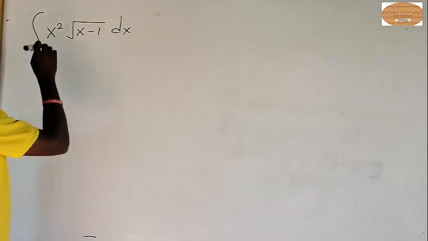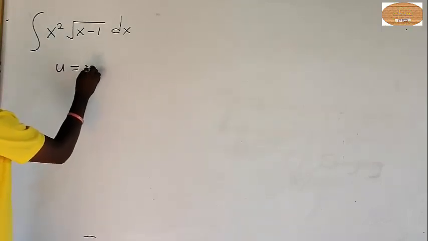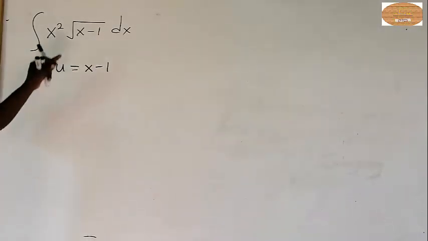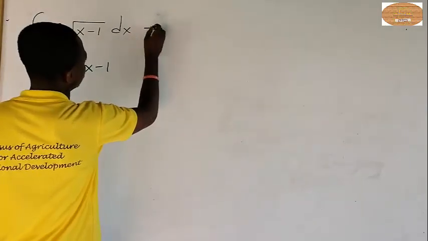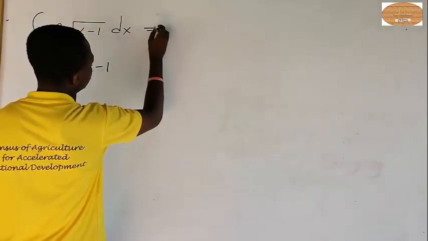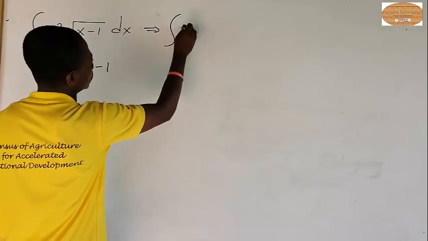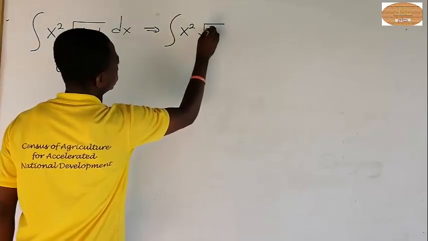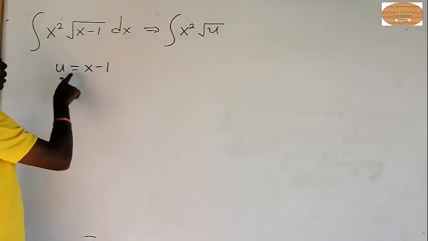So my u is x minus 1. If I want to go back, I will say integral of x squared times u, because we said x minus 1 is u.